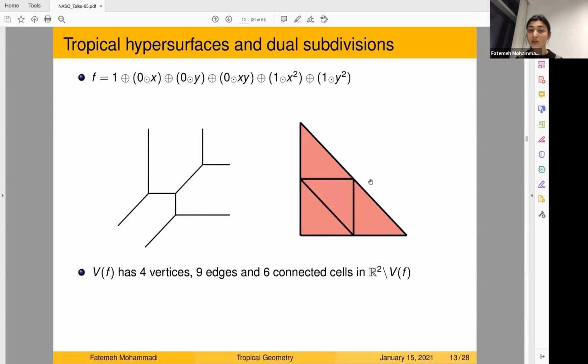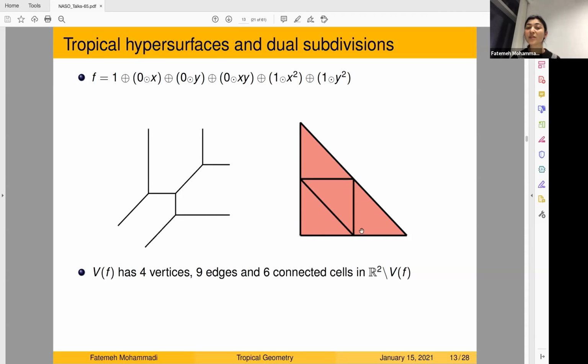The corresponding polytope of this picture is going to be a subdivided polytope. If you take this small triangle as a unit triangle, where every edge has length 1, then whenever you have a polynomial of degree d, this polytope is going to be a triangle such that every edge has length d. Here the degree of my polynomial is 2, because the highest exponent of the variables is 2.